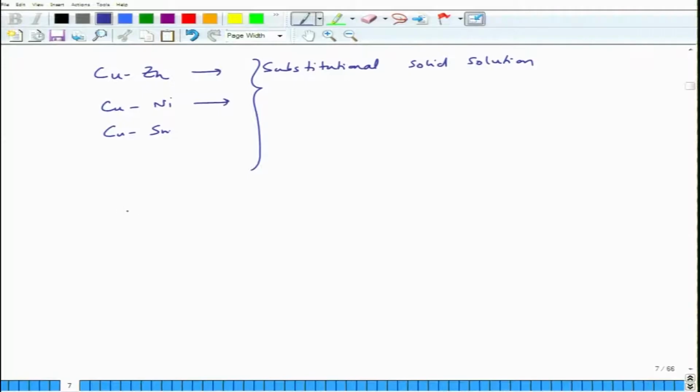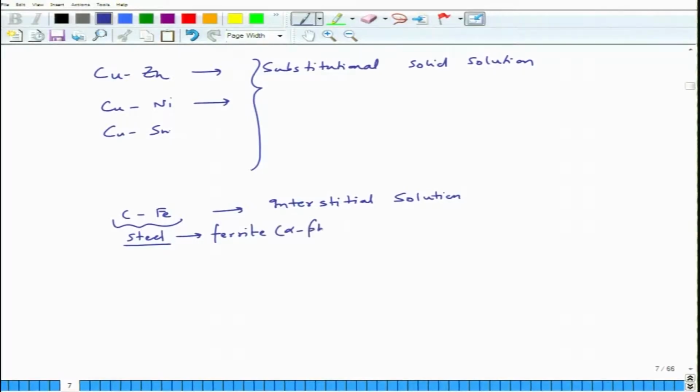For interstitial solid solutions, carbon in iron is an interstitial solid solution. This is a very famous example of a metallic alloy, which is basically steel. Steel has a ferrite phase, which is alpha ferrite, alpha phase, or rather let me call it alpha iron.